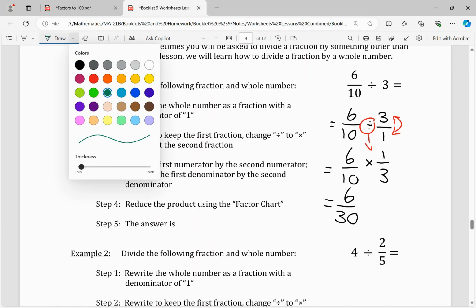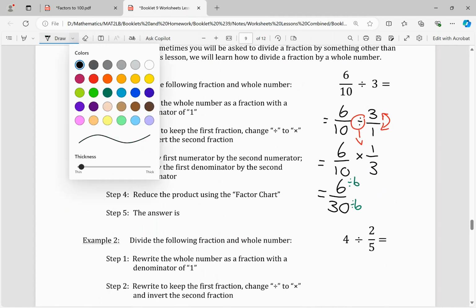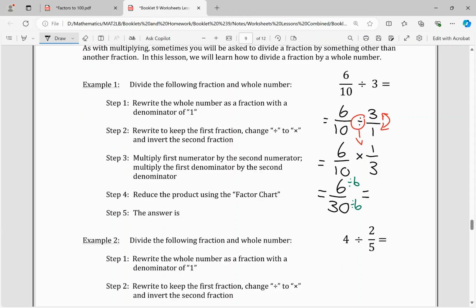So that means that we can divide both the numerator and the denominator by 6. Now, 6 divided by 6 is going to give me 1, and 30 divided by 6 is going to give me 5. Right, so really no new concepts. We're just applying what we've learned in previous lessons in different contexts.